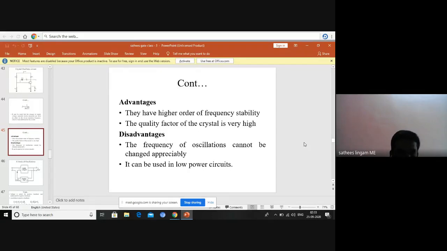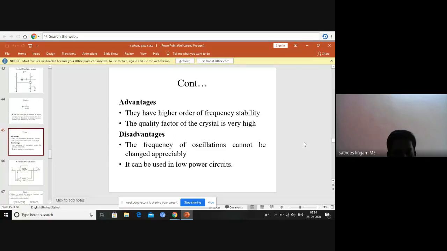The disadvantage is that the frequency of oscillations cannot be changed appreciably. This is a very big disadvantage compared to our previous discussion. With RC and LC circuits, by using a variable inductor or variable capacitor, or by variable resistance, we can change the frequency of oscillations in our output side.